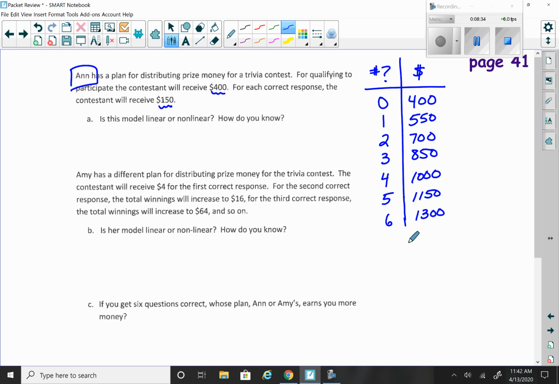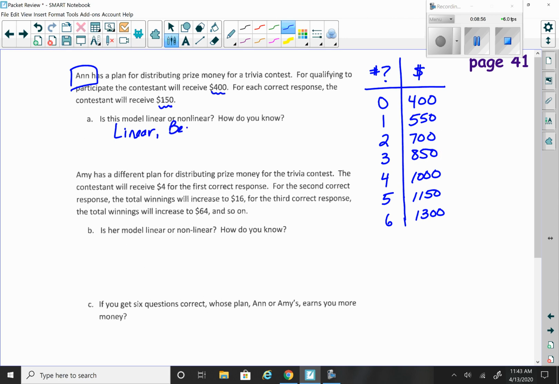You'll see in a minute, but you can see every time you get another question correct, the amount of money you win, the prize money, is going to go up by $150. So is it linear? Yeah, because every time the X value goes up by 1, the Y values keep going up by $150. So we can say it's linear. How do you know?